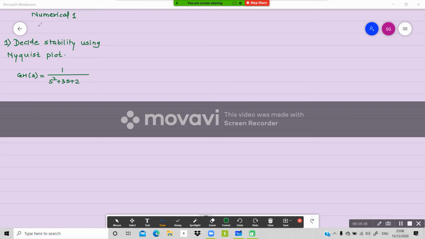So this is a type 0 system. In the denominator of OLTF, the power of s is 0. Alright, now I'll go for the solution.